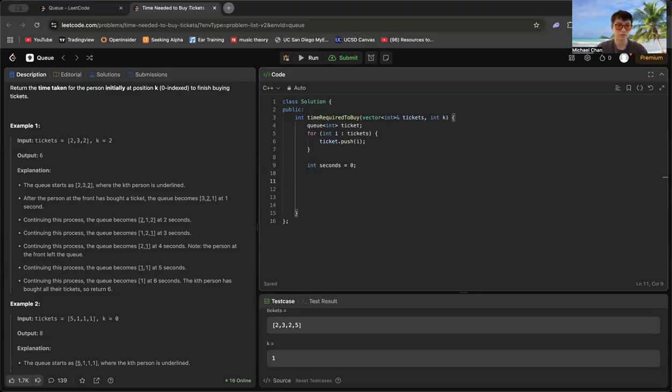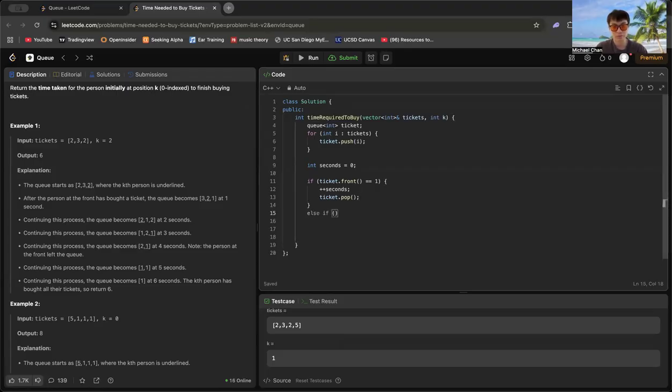This is the initial position. If front equals to 1, then you increment seconds and pop it.